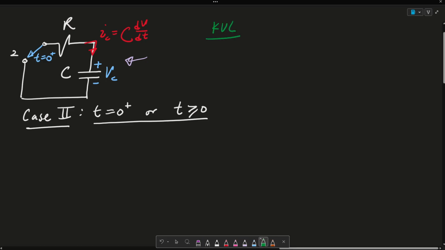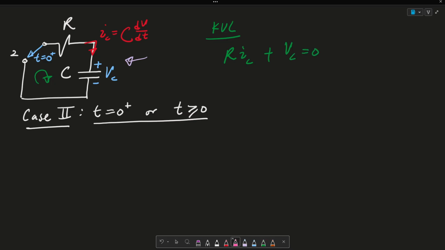Again, please make sure to check out my video on KVL posted in the top right-hand corner of this video to fully understand what we're doing here. So we're going to write a Kirchhoff voltage law equation. We put a loop here, and the voltage across the resistor R is R times IC. Then the voltage across the capacitor is simply VC, and the sum is equal to 0.